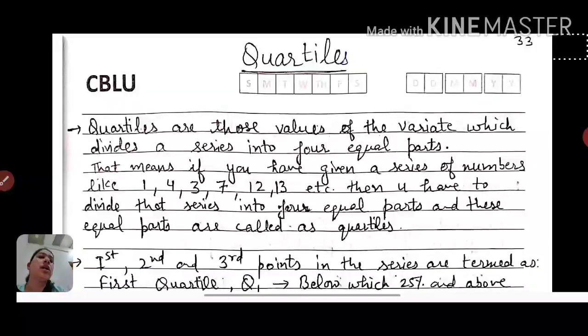In this lecture, I am going to describe what quartiles are and how you can determine quartiles for ungrouped data. Actually, if you have any kind of data and you want to divide that data into four equal parts, then these equal parts are termed as quartiles.